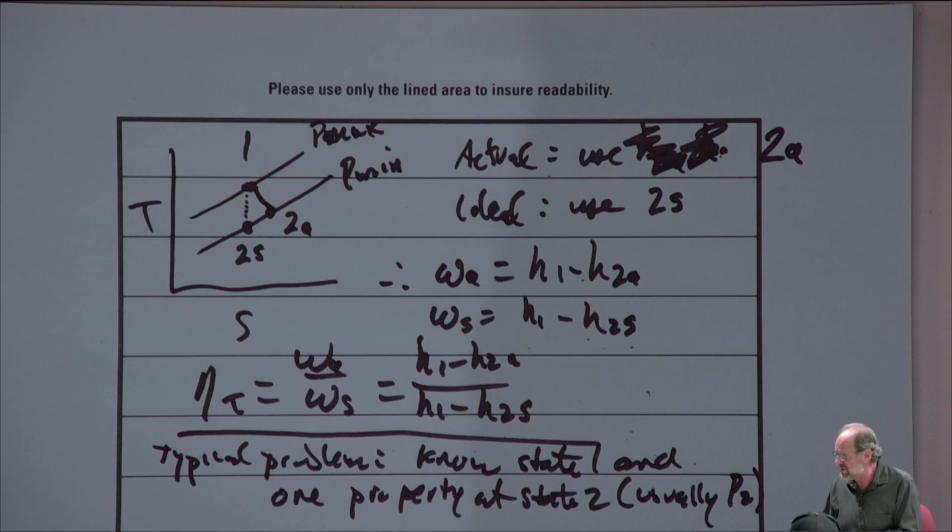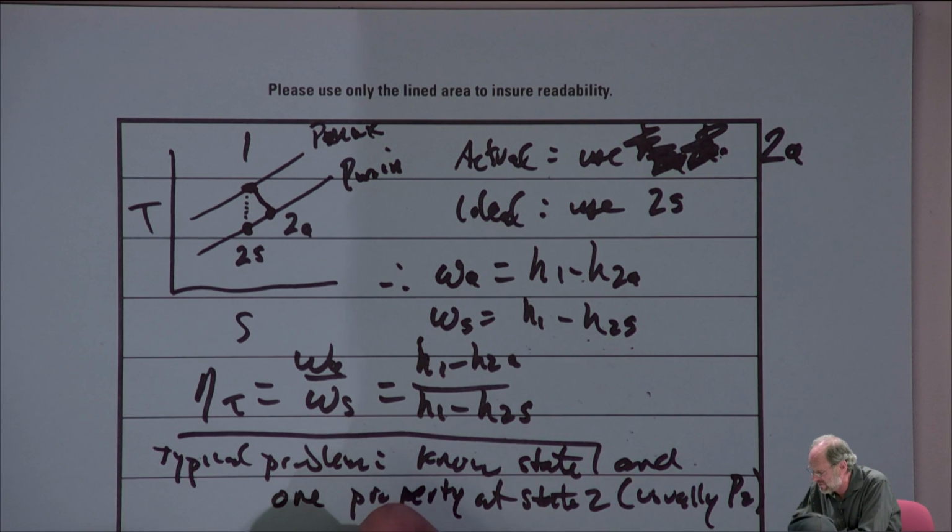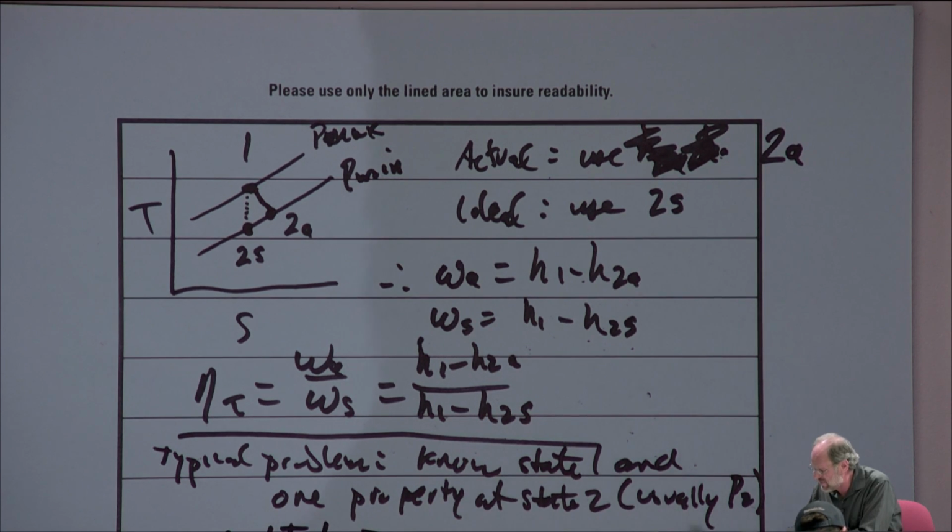With that information, we should be able to figure out the actual work, right? So if we know state 1 and one property at state 2, well, we do the following. At state 1, we just go into our property tables, and we look up H1 and S1.